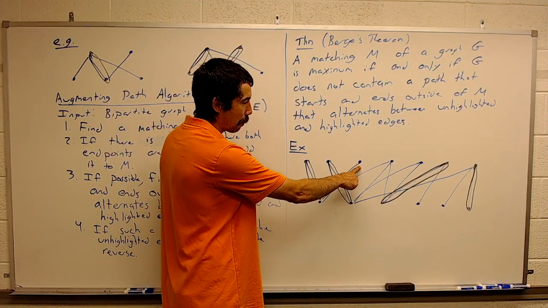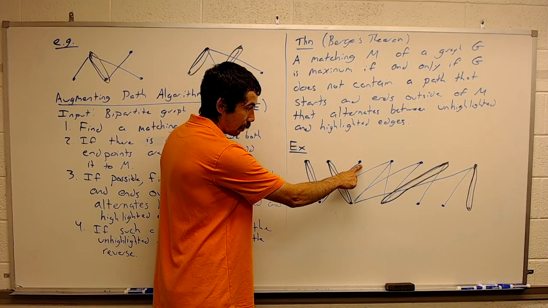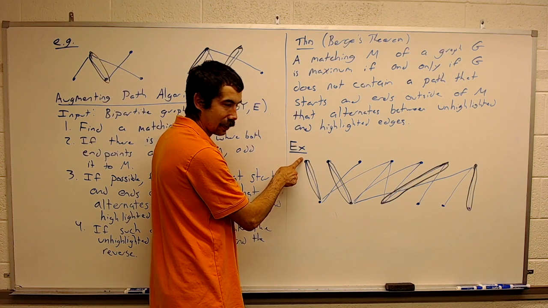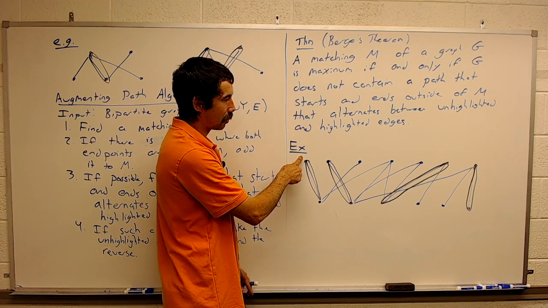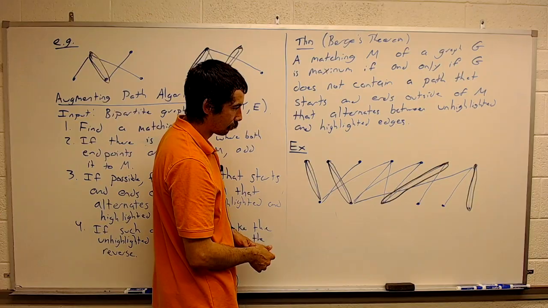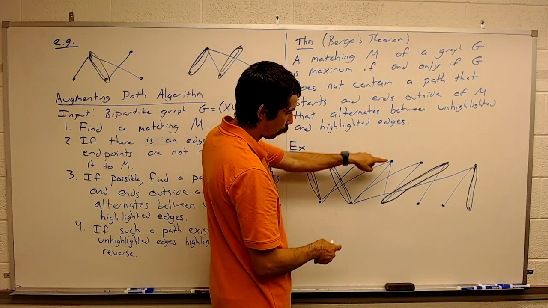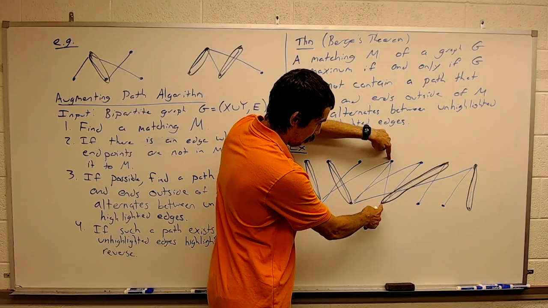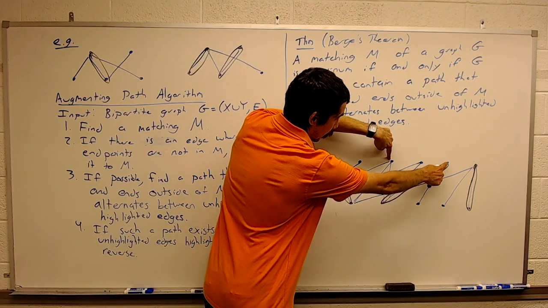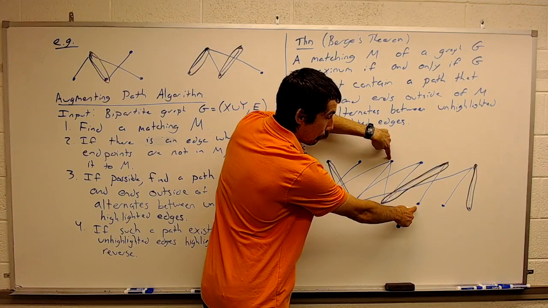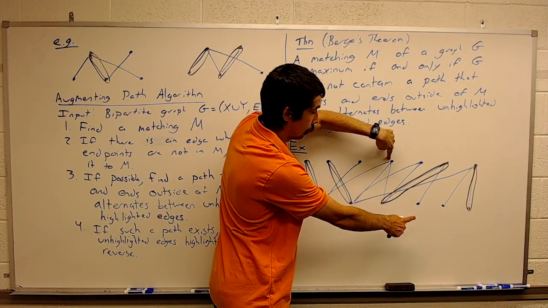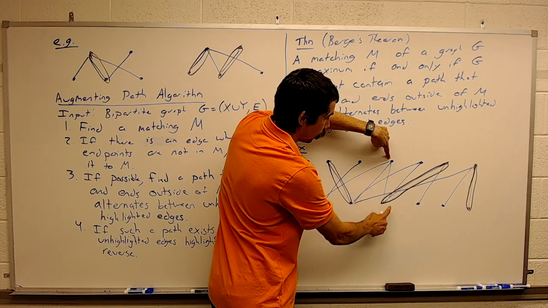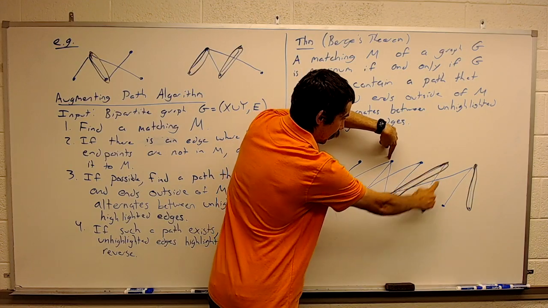Okay, so maybe we could try here. Unhighlighted, highlighted. The endpoint is highlighted, so this path didn't work. I see one. If we start here and we go down, highlighted, and down, both endpoints, you see this? Both endpoints are unhighlighted, and it alternates: unhighlighted, highlighted, unhighlighted.